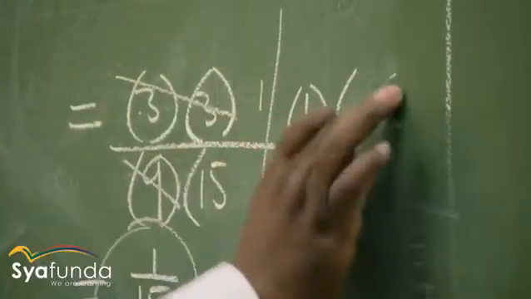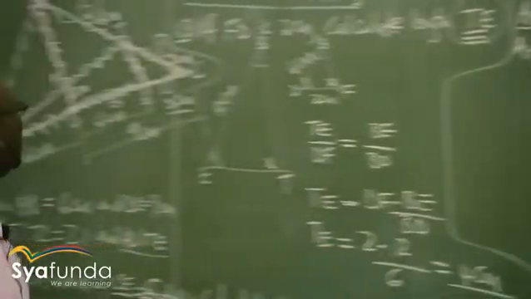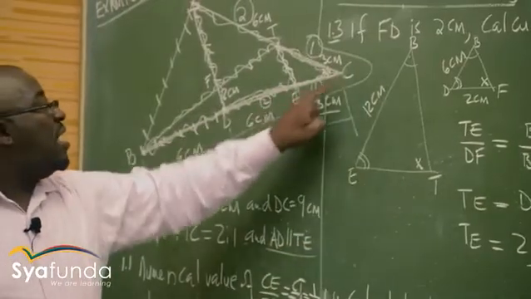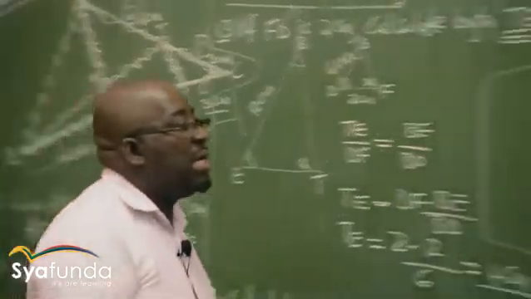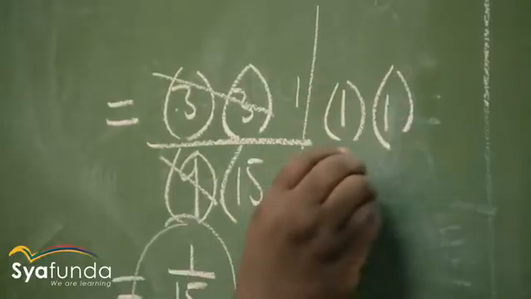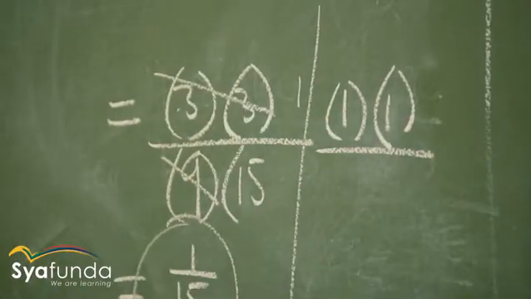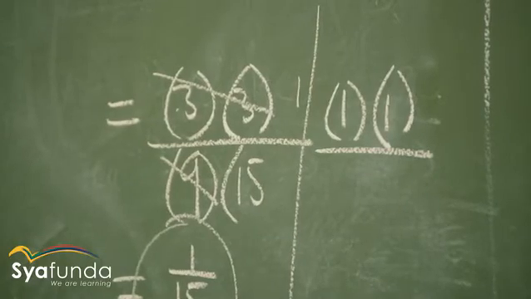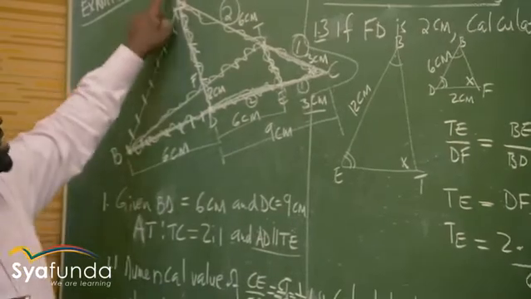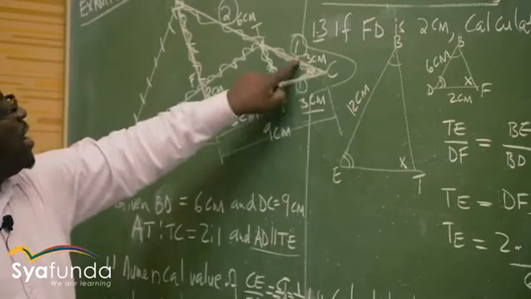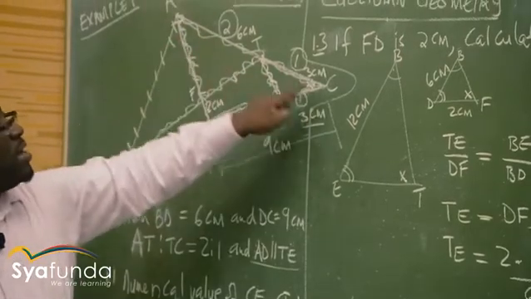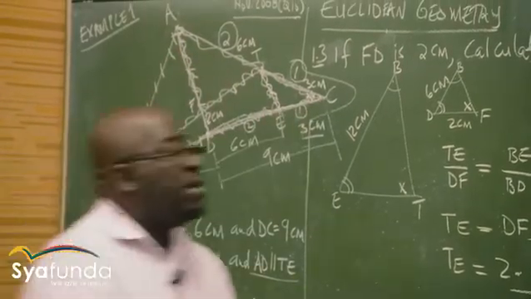EC, let's check EC. What is EC in terms of ratio? The ratio is also 1. Over, what is AC in terms of ratio? AC, the ratio is 1, 2. So that one will be 3.